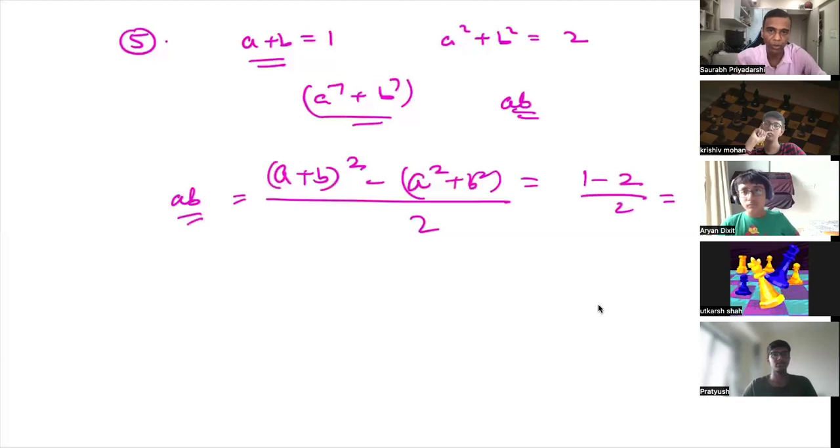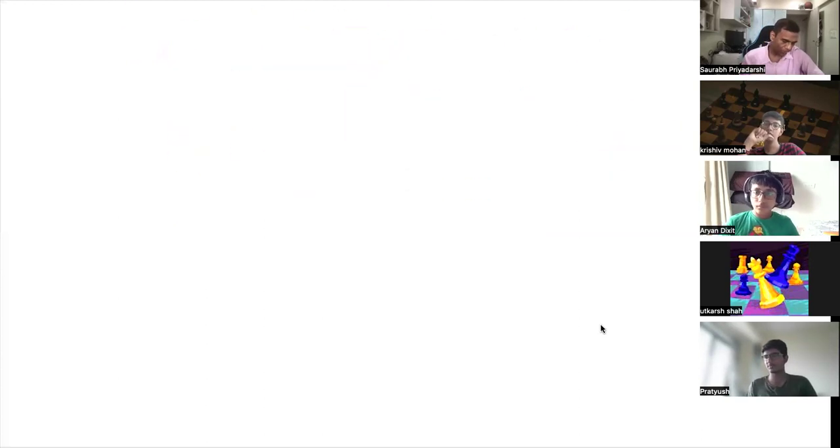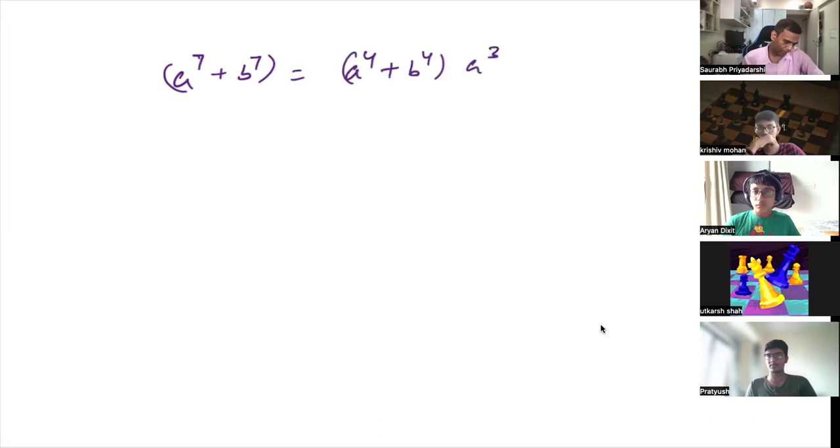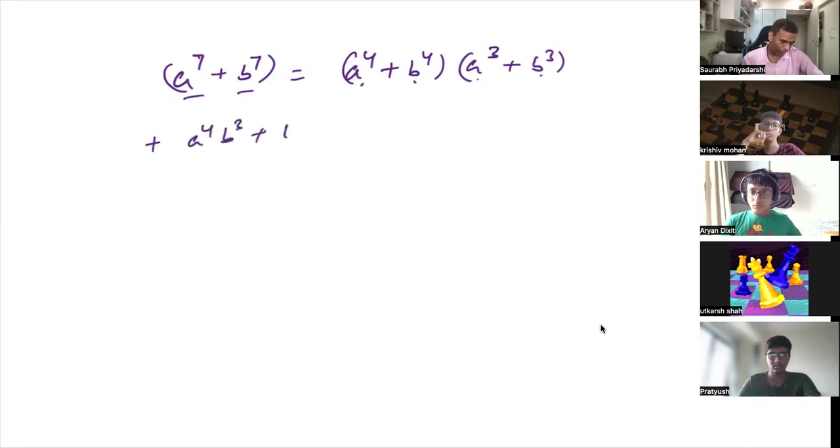A plus b is there, ab is there. Now I have to find a to the power 7 plus b to the power 7. If you're able to remember this, whether I need 7 or 5 and so on, you can try this thing. So I get the products of both directly: a to the power 7 plus b to the power 7 plus a few of the terms coming as a to the power 4 b cube plus b to the power 4 a cube.